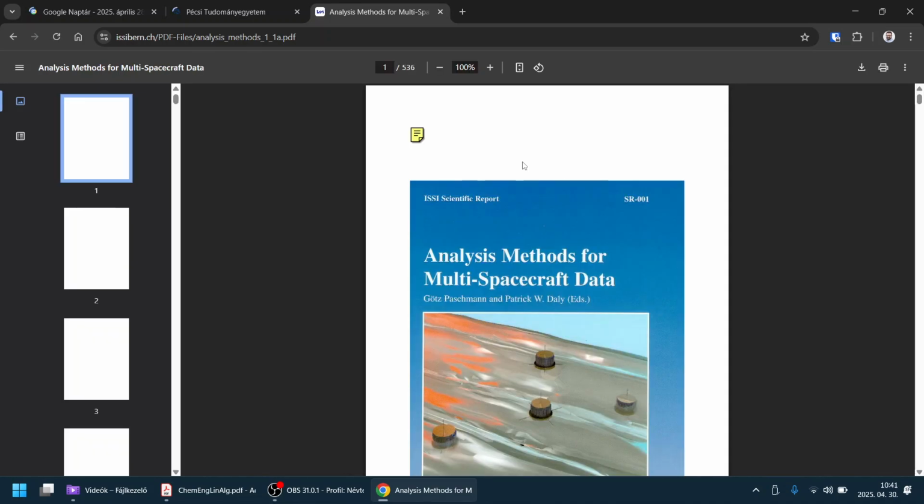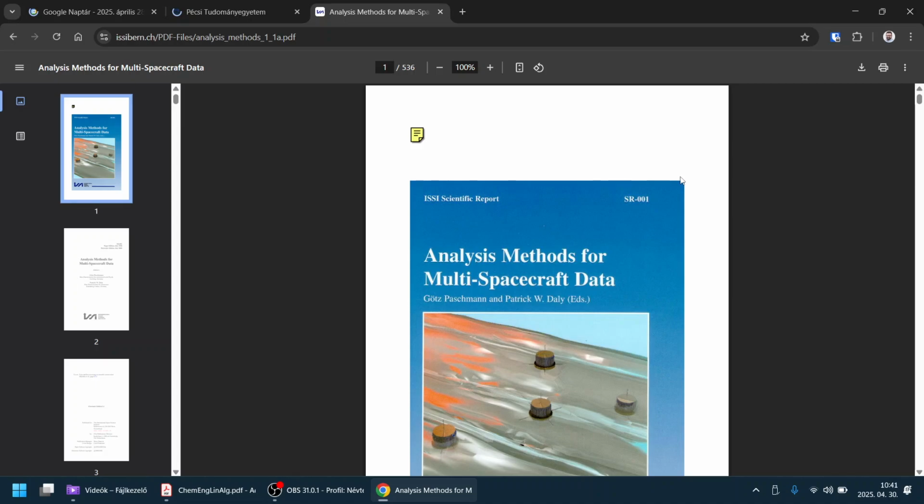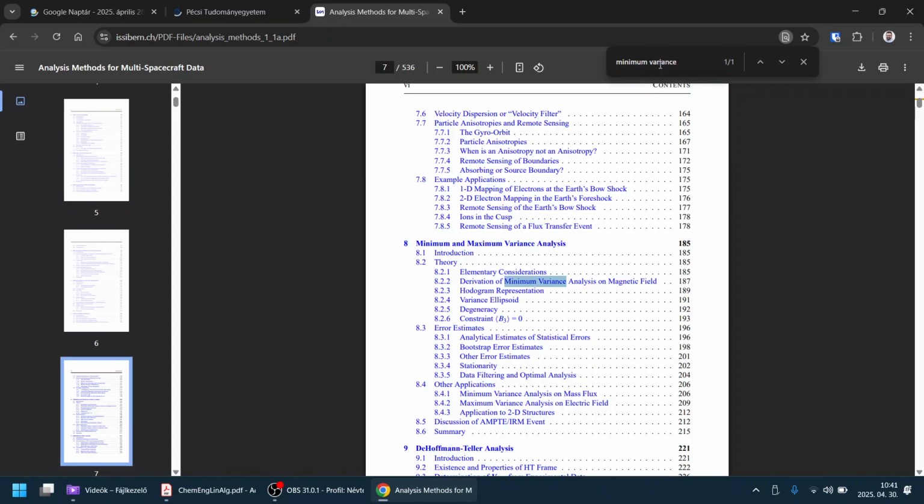You have a spacecraft, you have multi-field measurements, and the multi-field measurements have a different variance, and you can determine the surfaces and normal vectors of surfaces based on analyzing this variance.